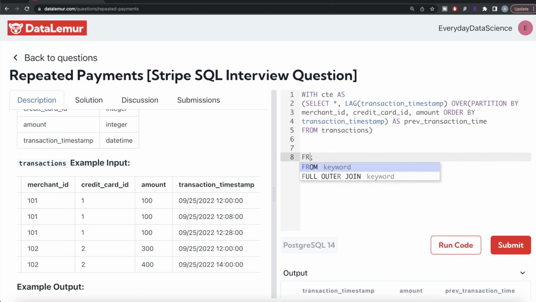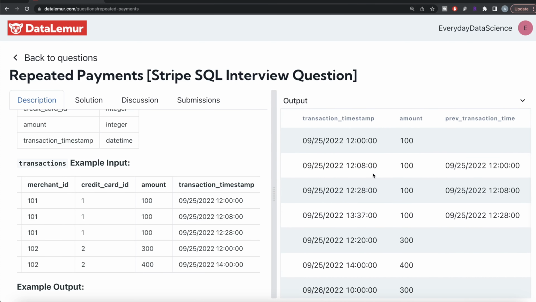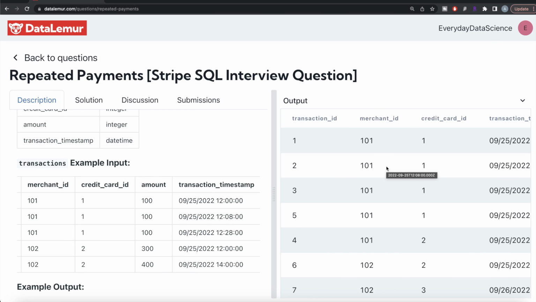Then from this common table expression we should only keep those rows where the difference between transaction timestamp and the previous transaction time is less than or equal to 10 minutes. Then when you count the total number of transaction IDs, they are going to be the number of repeated payments, right?